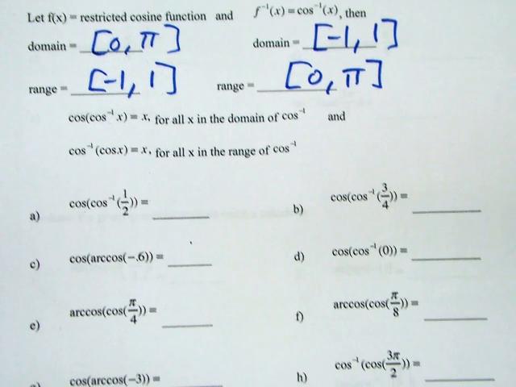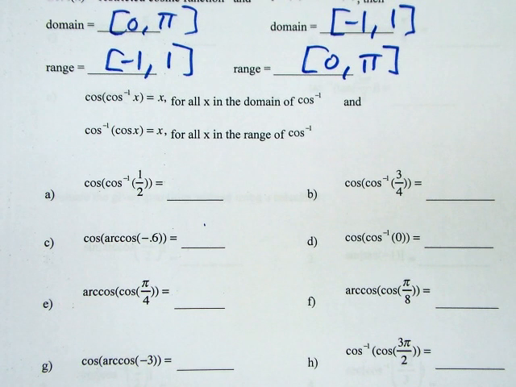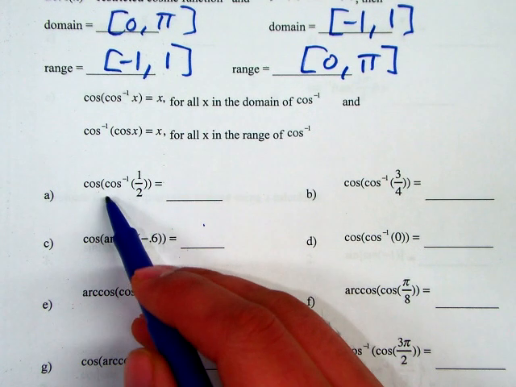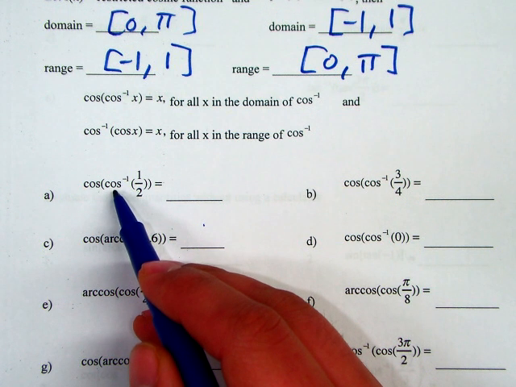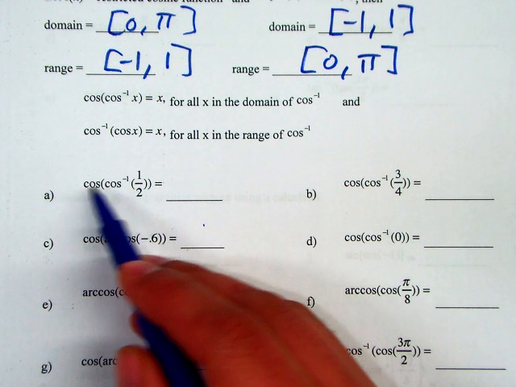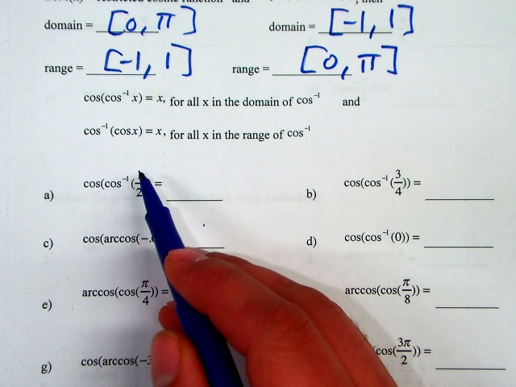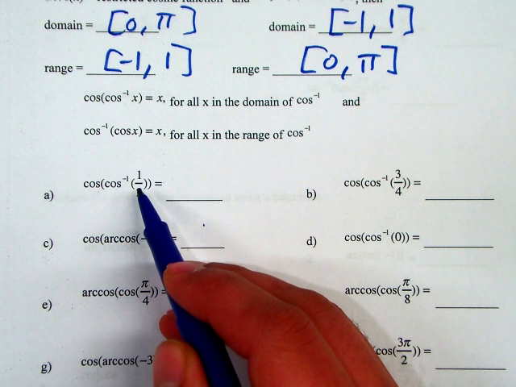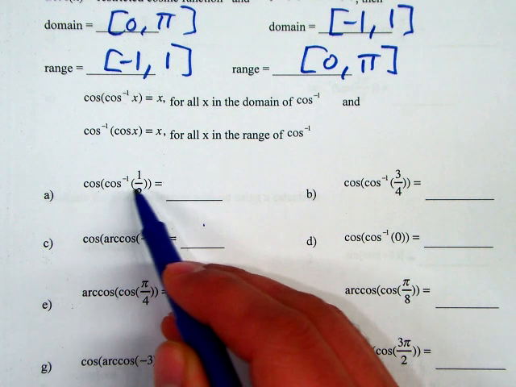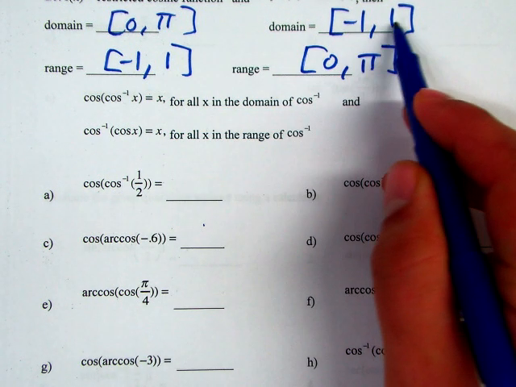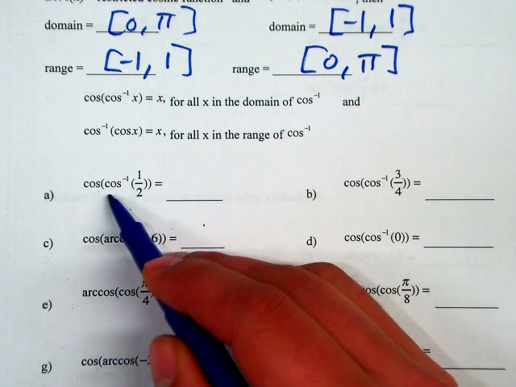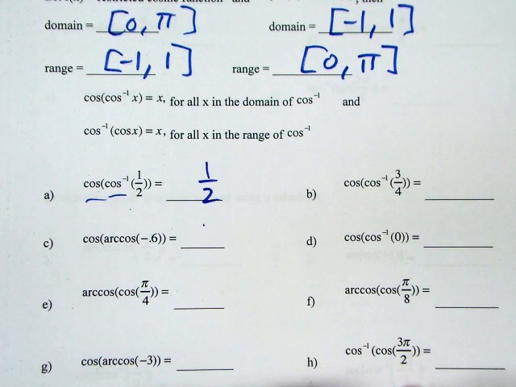Okay, so we'll treat things the same way as on the other page. On the inside, for this example, we have inverse cosine. To see if things cancel out nicely, we ask if 1/2 is between, let's see, the inverse domain is right here, -1 to 1. It certainly is, so these will work out just the way we expect them to.